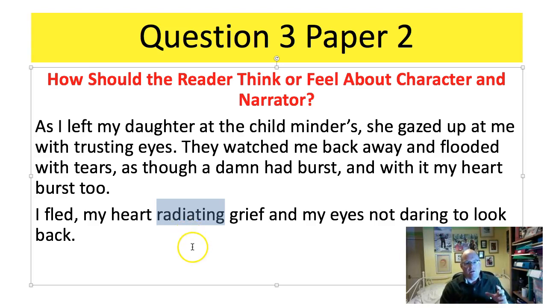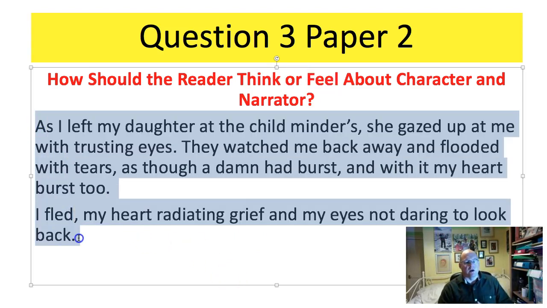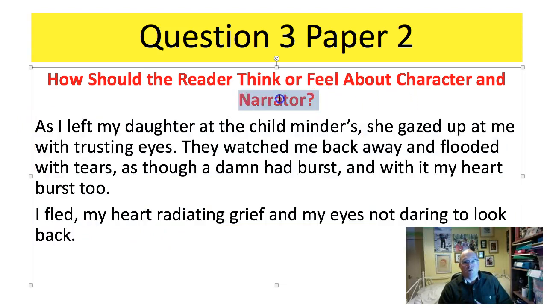So hopefully you can see what I mean there by zooming in on particular words, talking about the effect, which is always about how the reader thinks about a character or feels about a character. And then a final point, because we could argue this is an autobiographical piece, the narrator wants us to feel the grief of the child, but also the narrator's own grief as a father, and perhaps an element of the father's helplessness.